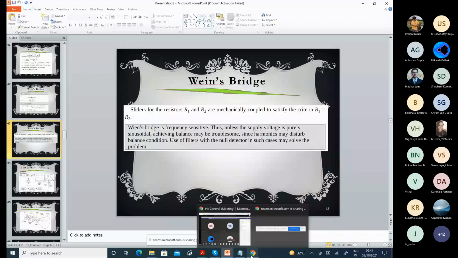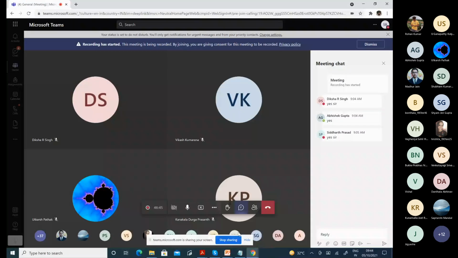If there is class, I'll send the mail, or if there is no class, I'll send the mail also. So keep watching the mails, and we'll start the new chapter on measurement of resistance. Then we'll learn the cathode ray oscilloscope. Then we'll go to the measurement of physical parameters, pressure, temperature, all those things, quickly. That is the plan.